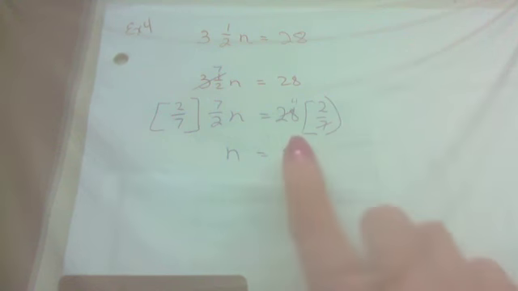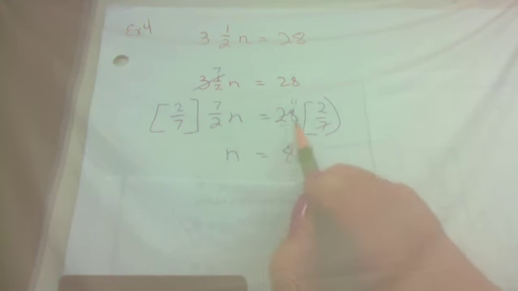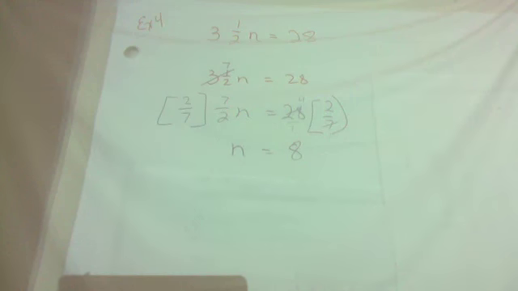And then I just do my math. Remember, the 28 is in the numerator. It's as if it's over 1. So the 7 and the 28 turn into a 4 and a 1. And then I just say 4 times 2 is 8, and 1 times 1 is 1, so I know it's a whole number because I only have 1's in my denominator.